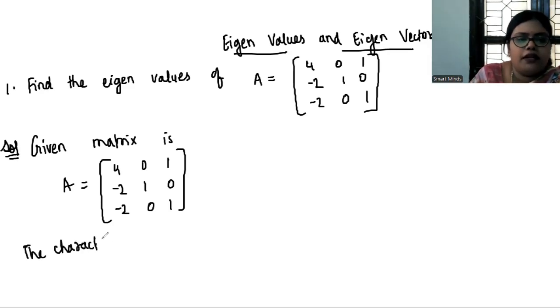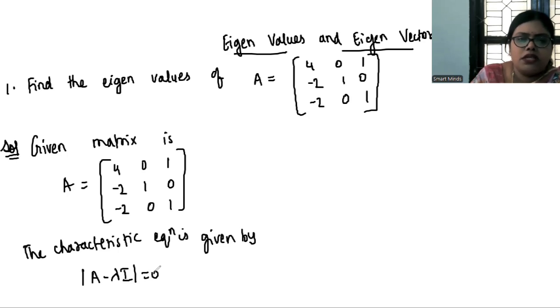Now we need to find the characteristic equation. What is the formula for the characteristic equation? It is given by determinant of A minus lambda I is equal to 0. So what is A?